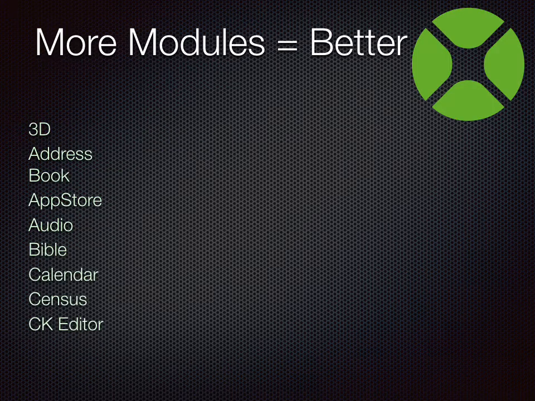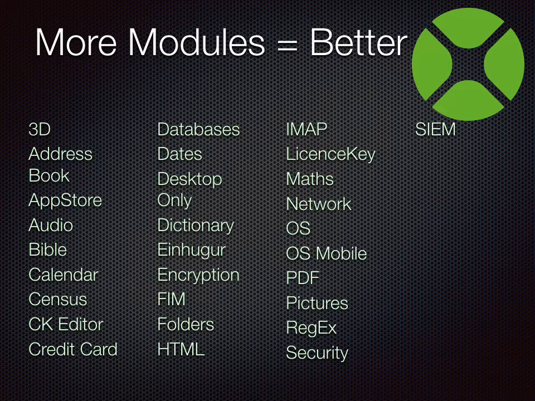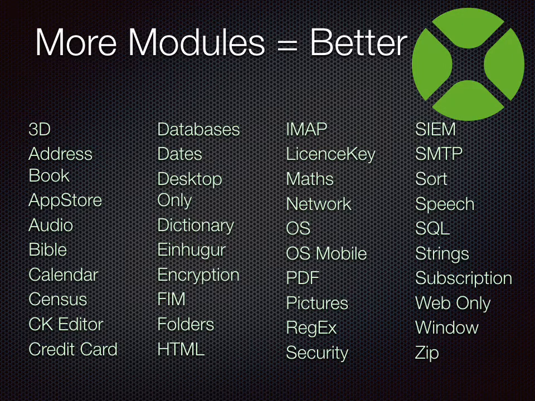Now, I have found that more modules and more classes are the better. So I create new separate modules for everything, for all different things, and so that makes it a lot easier for me to be able to look up and find the exact module I need with the particular code that I need.